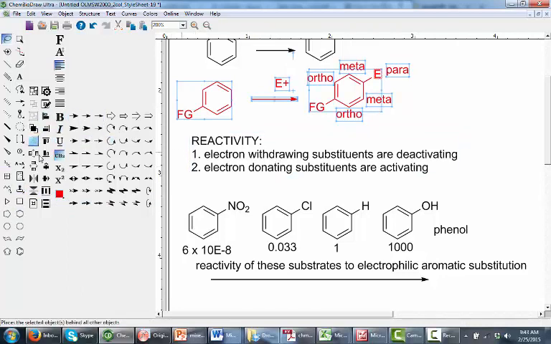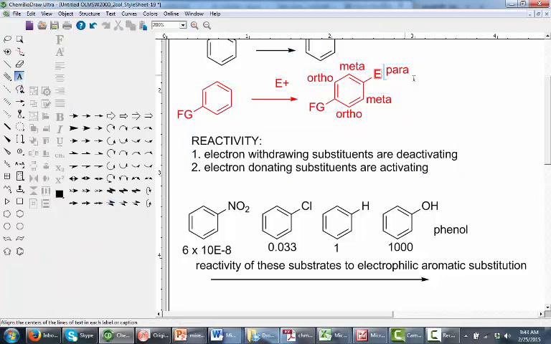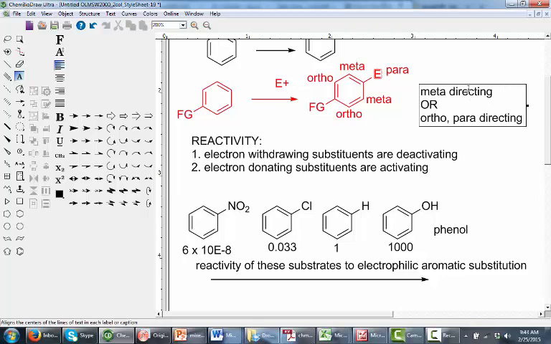And in general, we can characterize functional groups as being either meta-directing, or they're ortho-para-directing. Alright, so things are either meta-directing or they're ortho-para-directing.